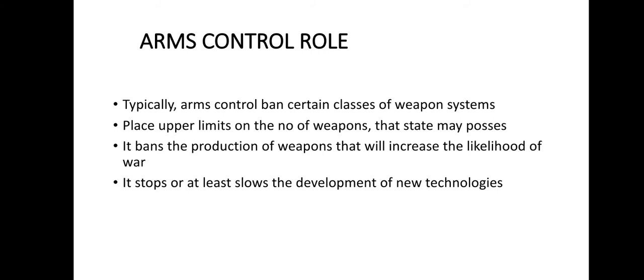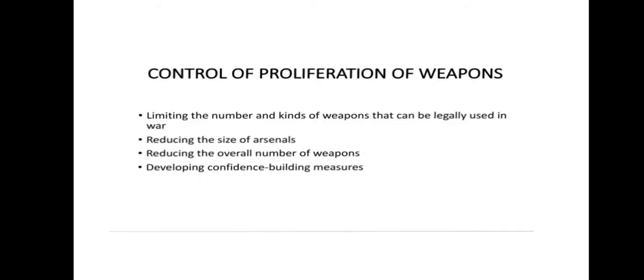Nevertheless, the proliferation of weapons can be controlled in a number of ways. Firstly, by limiting the number and kinds of weapons that can be legally used in war, the proliferation of weapons can be reduced so that the states might not manufacture more weapons of that kind. Secondly, by reducing the size of arsenals.